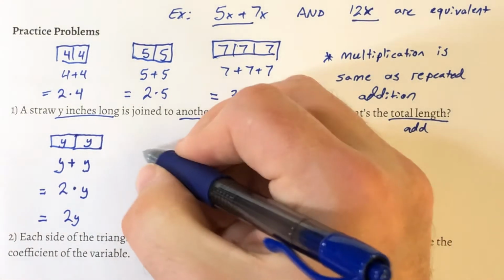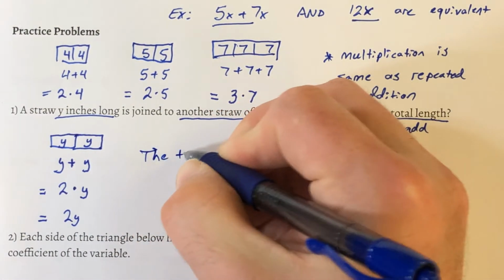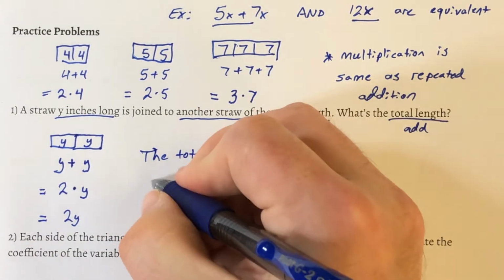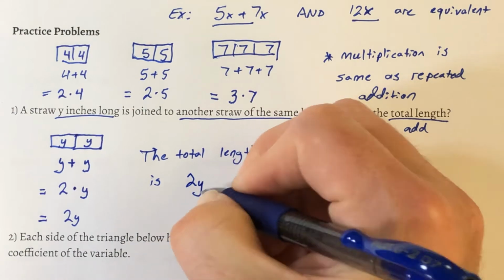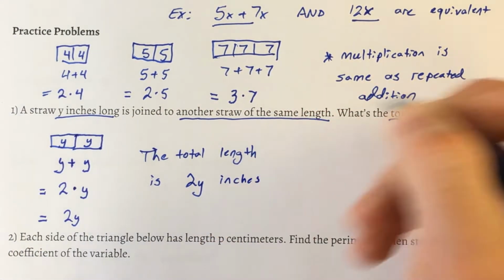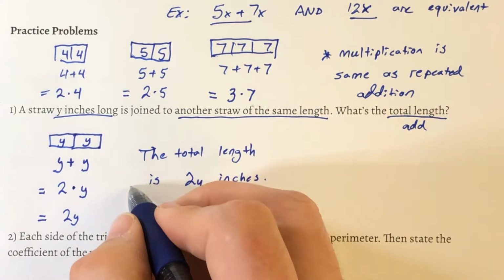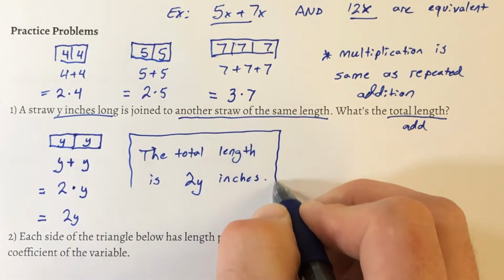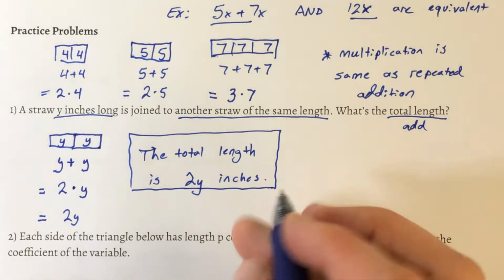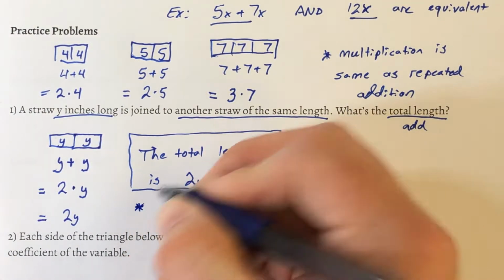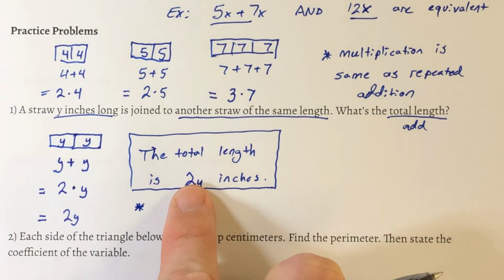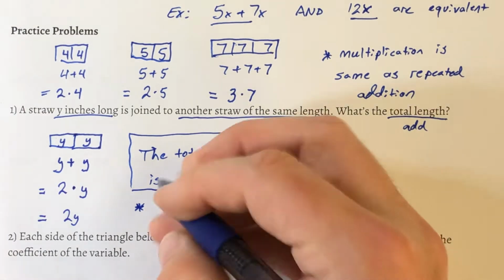So what would my total length be? The total length is 2y. Our label is inches. And that's our answer. That's the total length of the straw. FYI, if I wanted to find the coefficient, my coefficient would be 2, because that's the number in front of the variable.